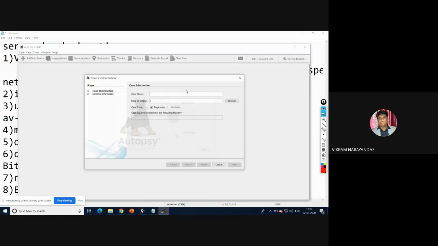Select new case. You can give any name for the case, and next. I want to browse the directory, the location from which I want to extract. Then click next, finish.